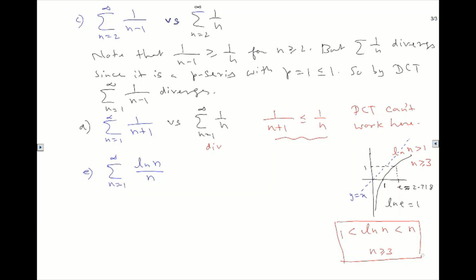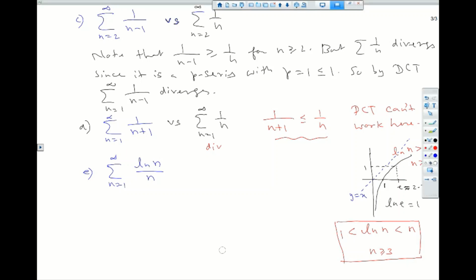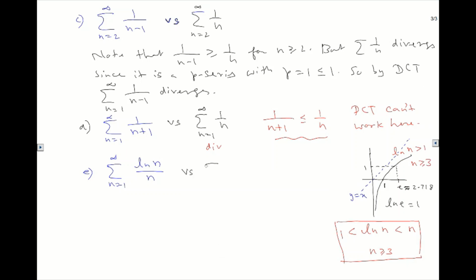If you do that, you're going to compare this with the sum from n equals 1 to infinity of 1 over n. That's what we're going to compare with. Again, we can ignore the first two terms. We can forget about the first two terms and start with n equals 3, and later we can add those two terms.